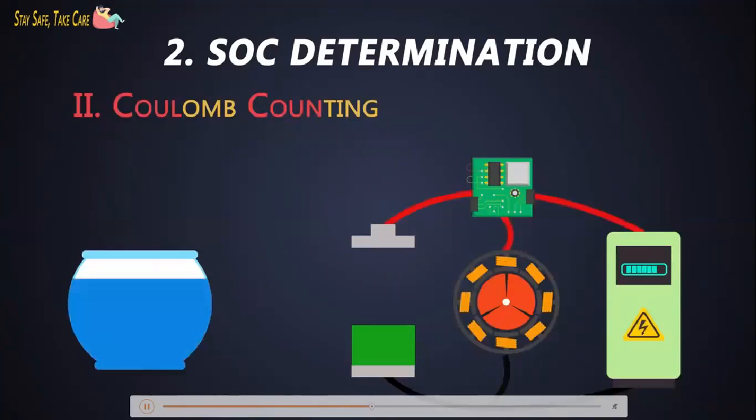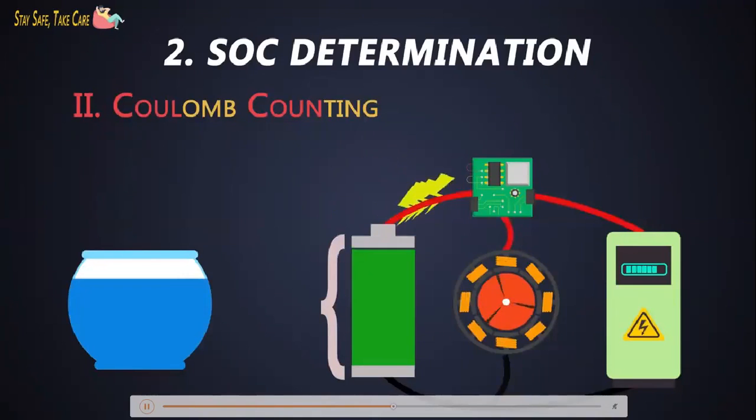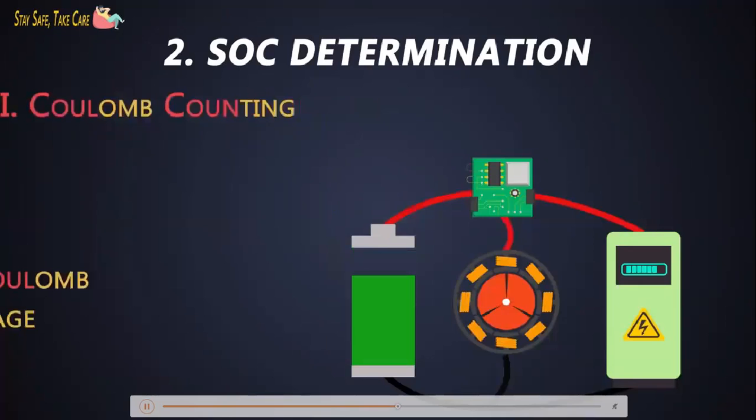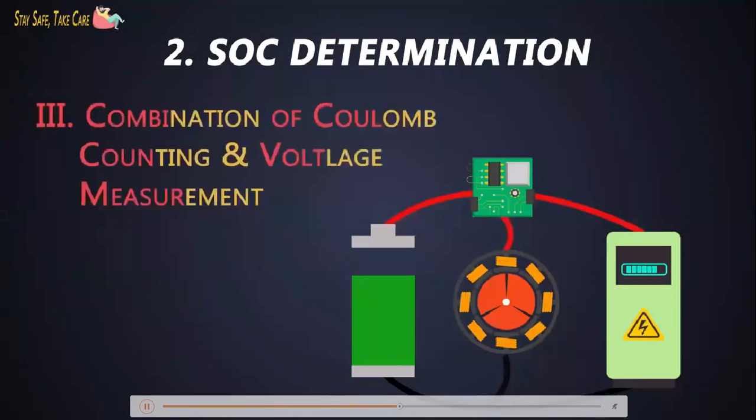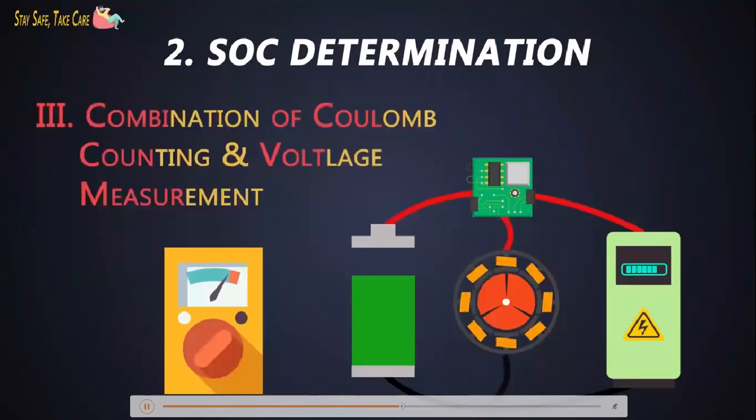It's like pouring water into a pot. Imagine the battery as a jar, and water is like electrical energy or charge. The BMS measures how much current is going inside the battery and calculates the charge deposited inside the battery over time. When the calculated charge is near the rated capacity of the battery, then the BMS informs that the battery is fully charged, and while it is discharging, it follows the same process.